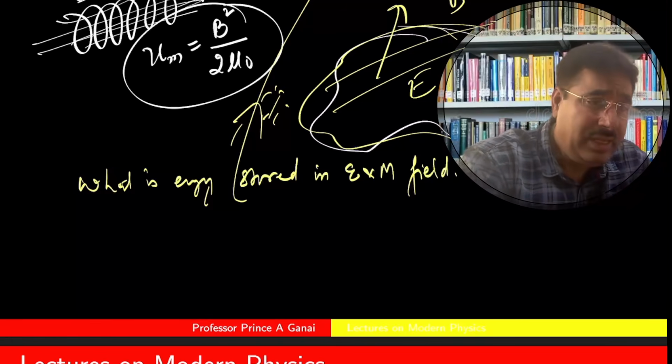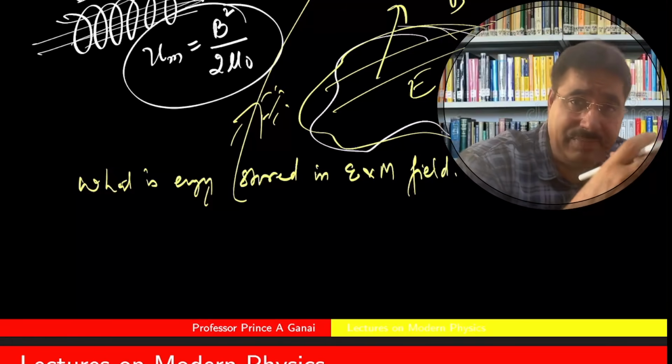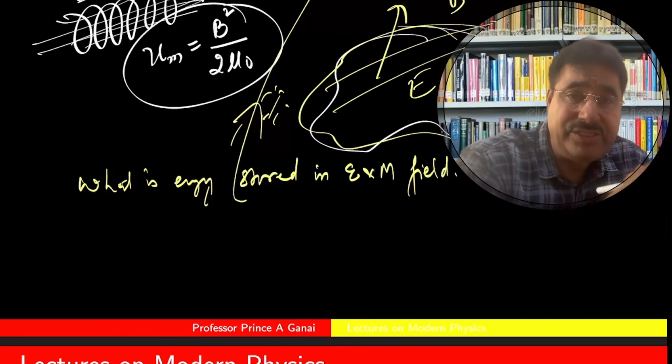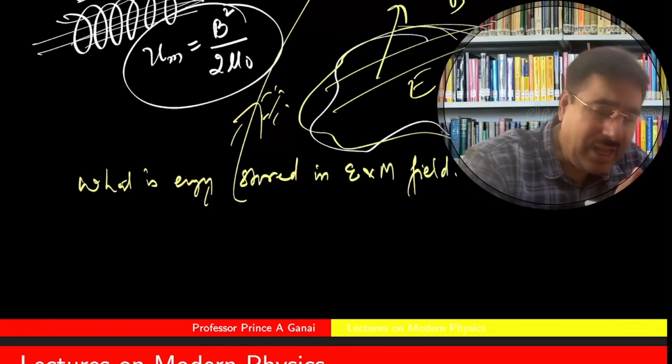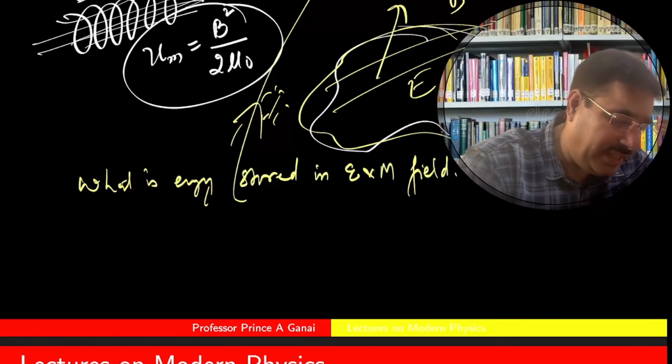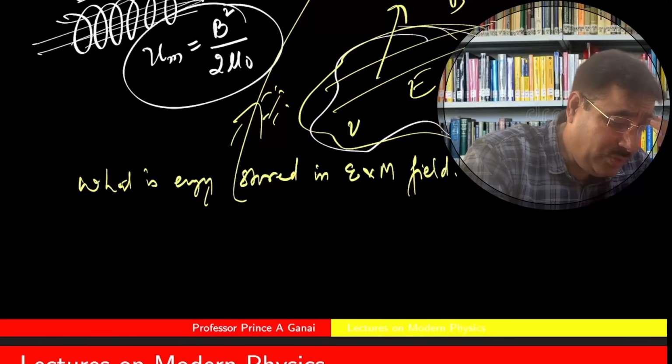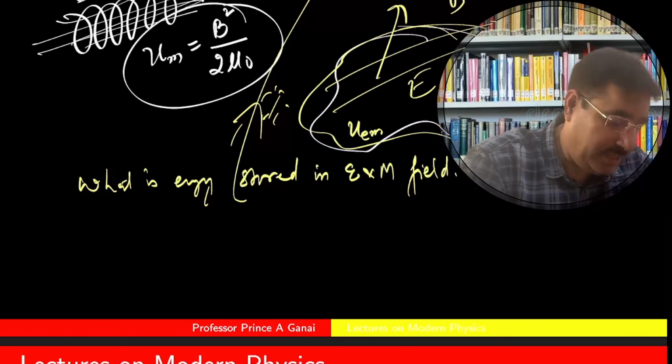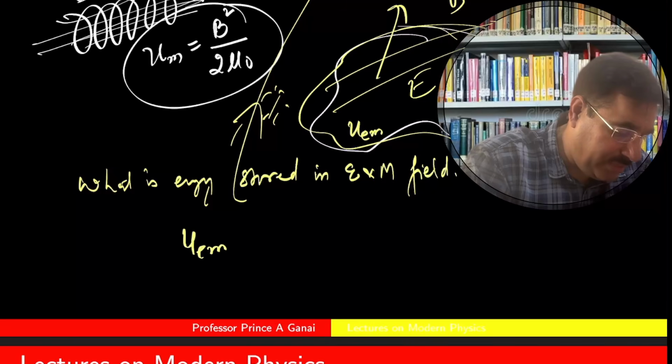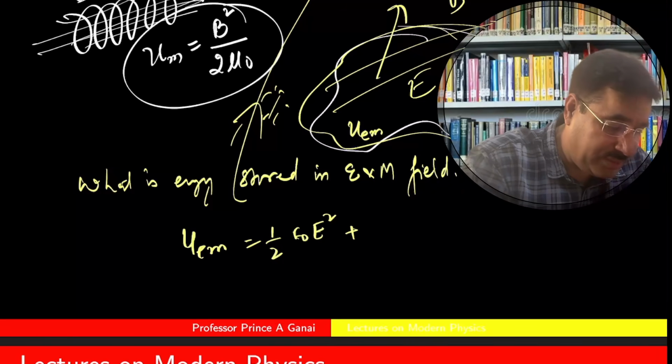So I have a region where I have an electric field and a magnetic field. How much is the energy in these fields? Now you will say, yes, I can talk about energy density, and the energy density would be U electromagnetic. That U electromagnetic would be 1 by 2 epsilon naught E square plus B square divided by twice mu naught.